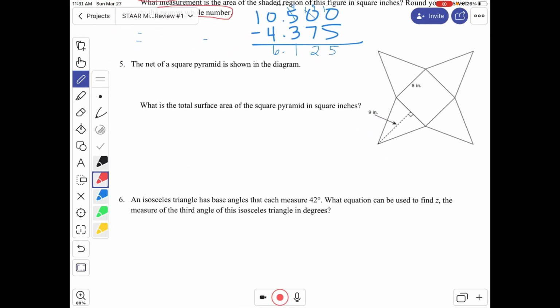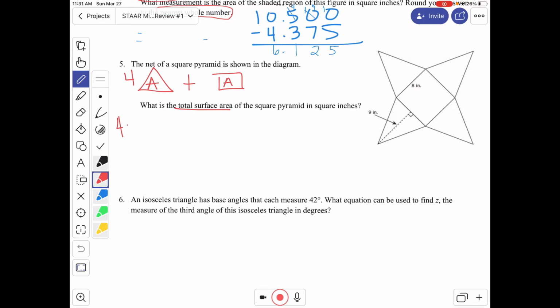Number 5. The net of a square pyramid is shown in the diagram. What is the total surface area of the square pyramid in square inches? So the total surface area, we're going to find the area of 4 triangles and the area of a square that's in the middle and put them together.